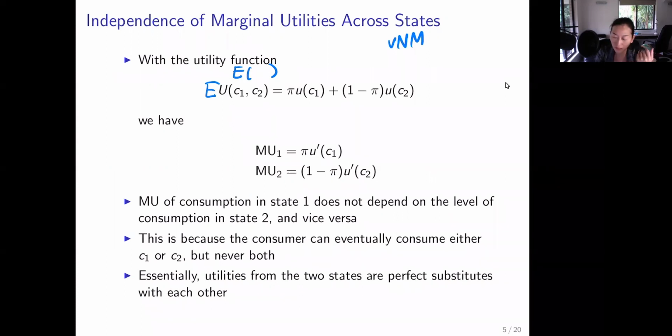Expected C, or expected wealth, would be pi, the probability that you will have C1, multiplied by C1, plus 1 minus pi, which is the probability that state 2 is going to happen, multiplied by the consumption value of state 2. You see the difference? These are not the same.